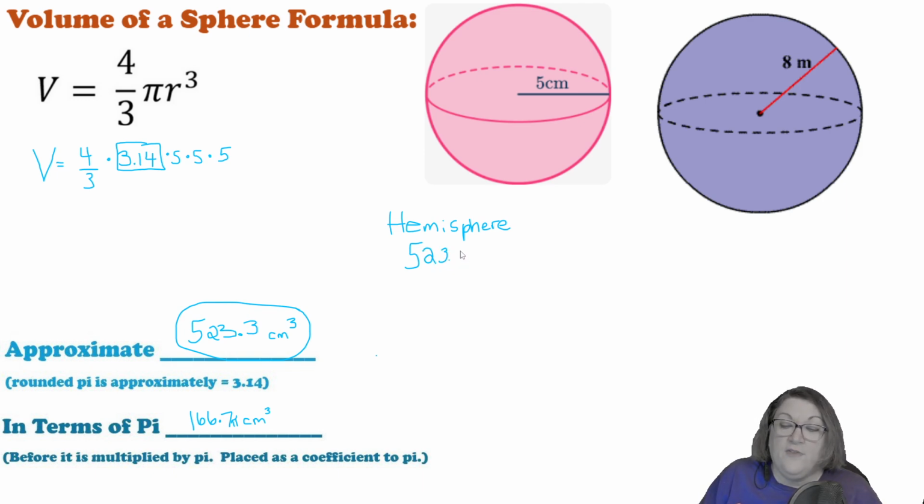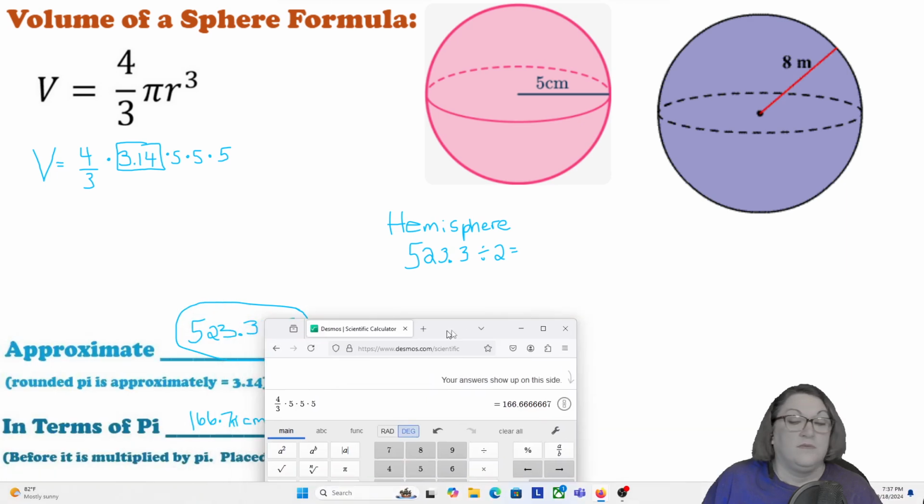So if we're asking for the hemisphere volume of the pink sphere here, then we're just going to take that number, divide it by 2, and we will get our hemisphere amount. So let me go ahead and do that.